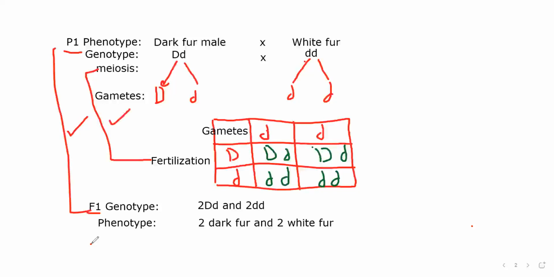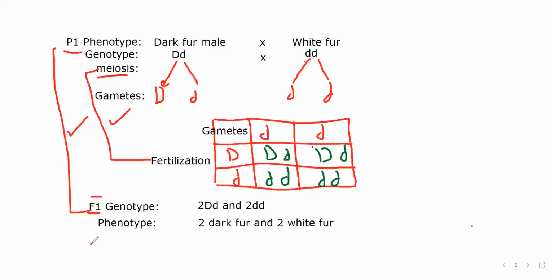So you should realize, if, for example, you wrote P1 and then you forgot to write F1 or vice versa, you lose that mark. If you wrote meiosis and you forgot to write fertilization, or you wrote fertilization and forgot meiosis, in the one that you forget, you lose 1 mark.